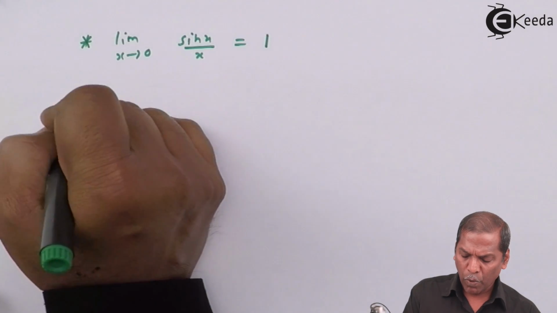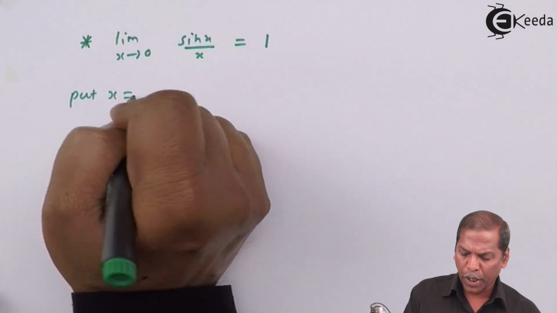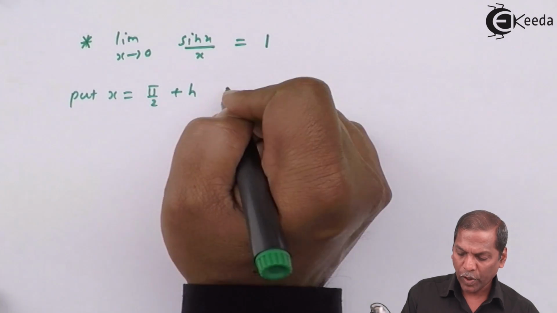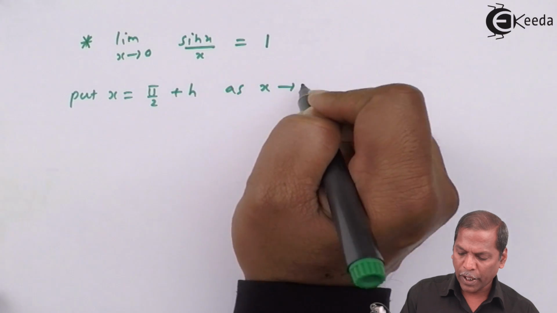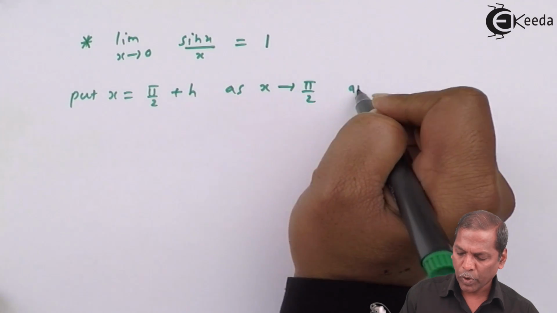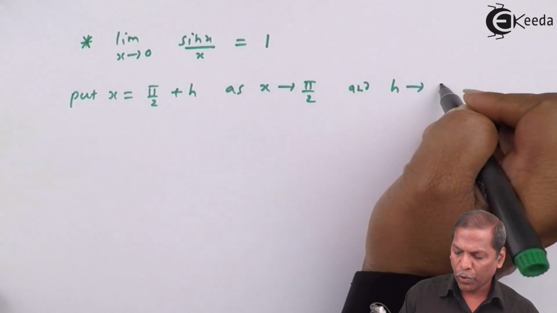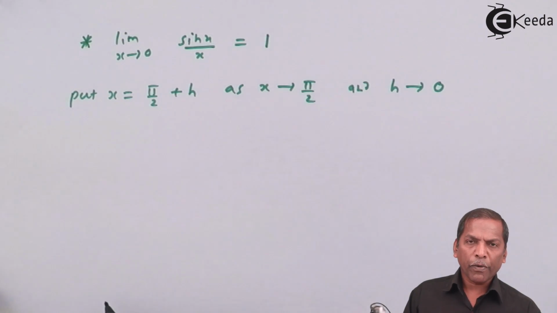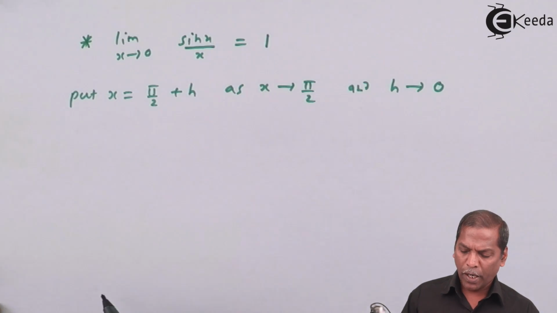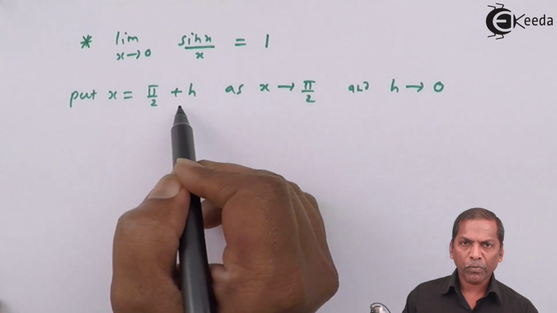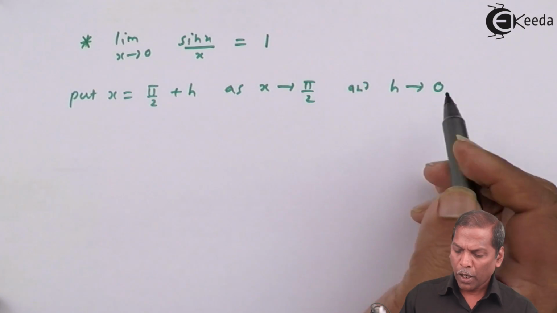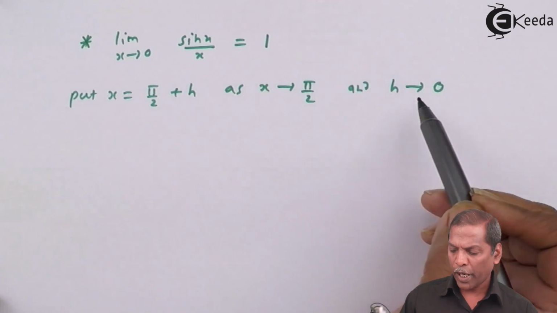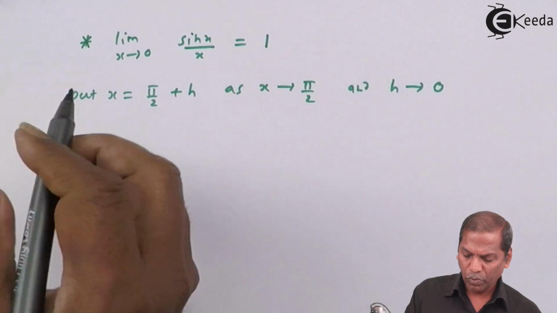It means we have to put x is equal to pi by 2 plus h, as x tends to pi by 2 and h tends to 0. So in the next step, whenever x appears, we have to write pi by 2 plus h, and secondly, instead of writing x tends to pi by 2, we now write h tends to 0.